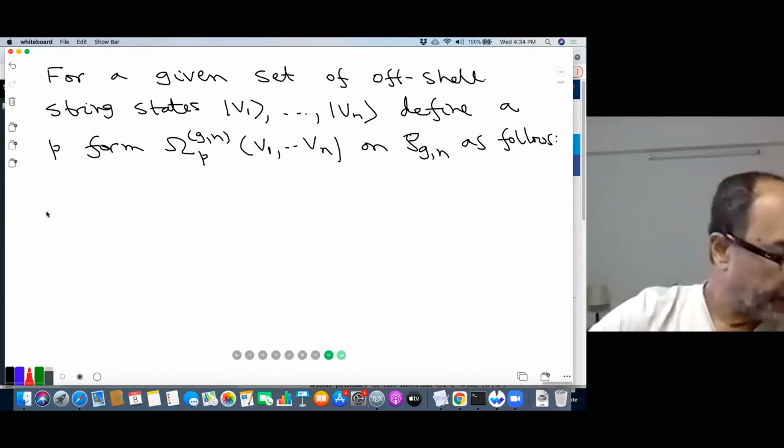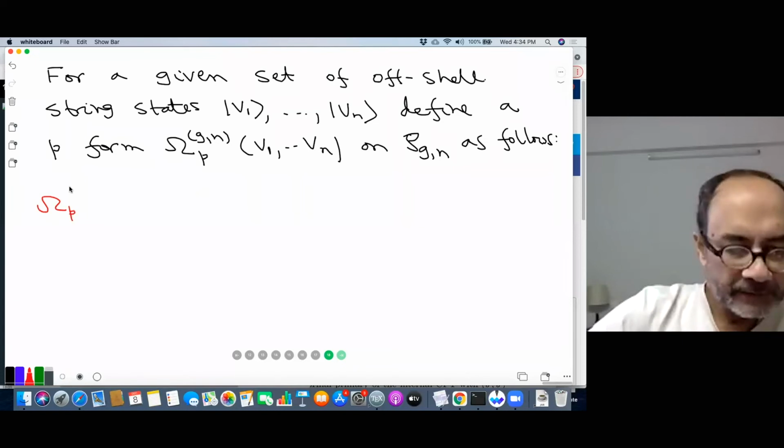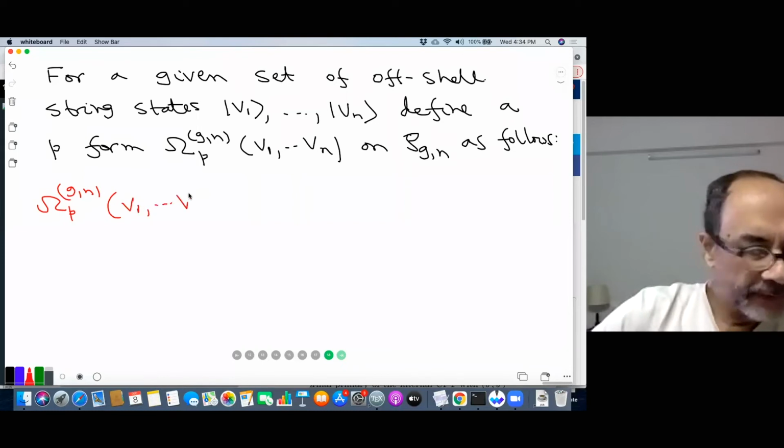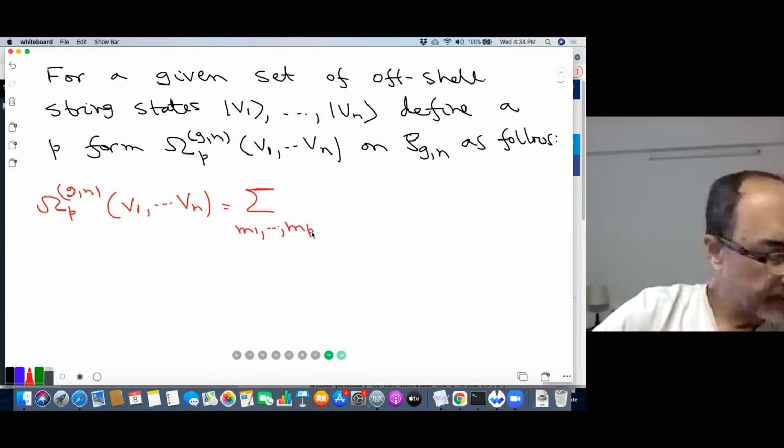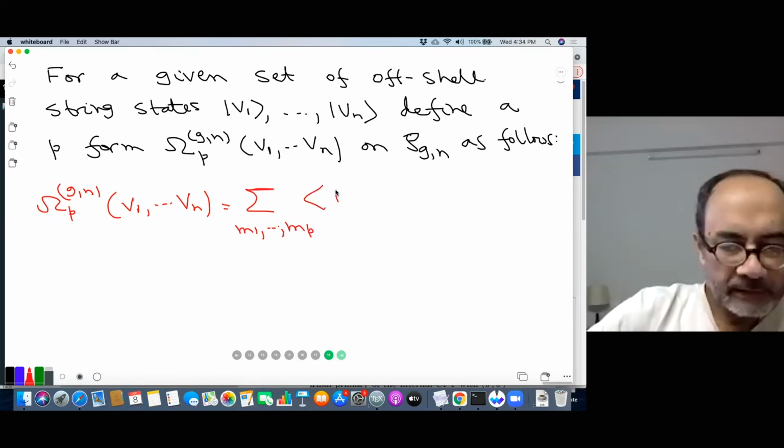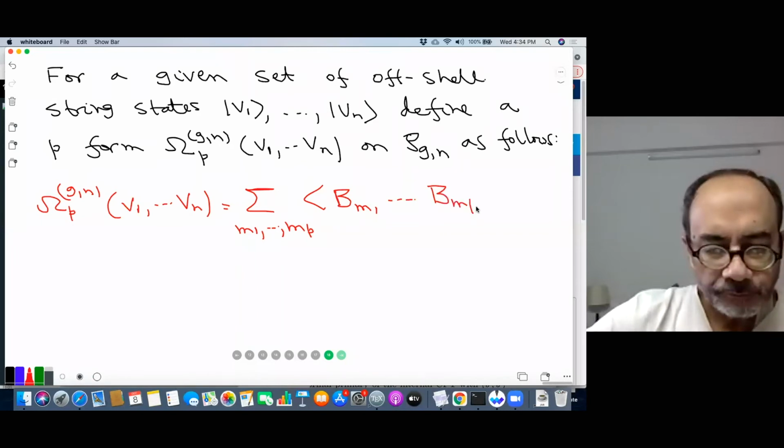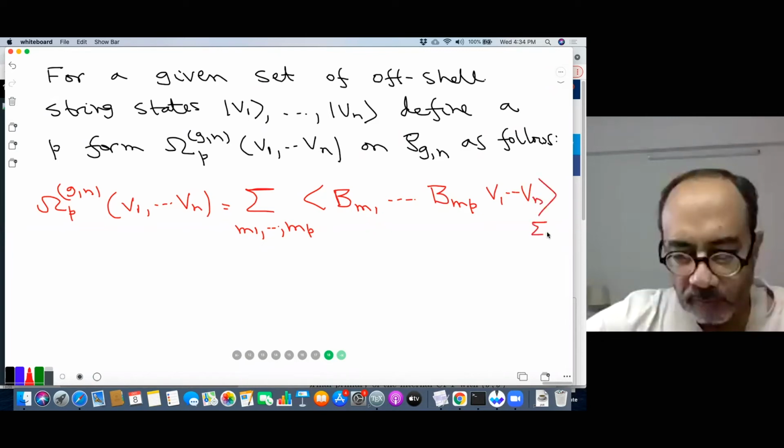I use a different color. So omega_p^{g,n}(phi_1 to phi_n) is given in terms of these B's, the ones I defined just earlier, inserted together with phi_1 to phi_n on sigma_{g,n}.